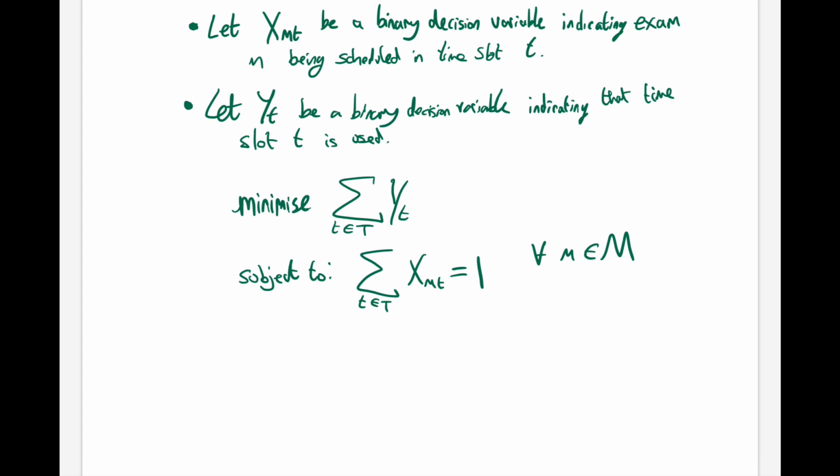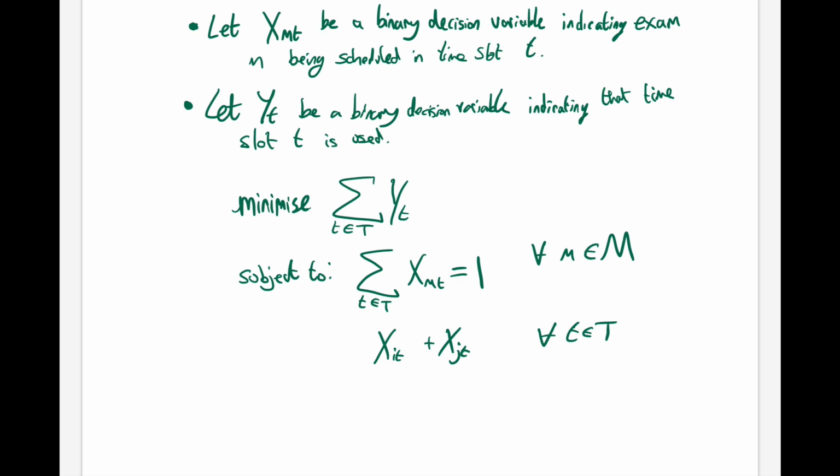We also have a constraint that some exams have clashes. So if an exam has a clash, then they cannot be scheduled at the same time. Let's consider two modules, I and J. If we sum up x_it and x_jt for a particular time slot, that is either going to be 0 if none of them are scheduled in that time slot, or it will be 1 if only one of them is scheduled in the time slot, or it can be 2 if both of them are scheduled in the same time slot.